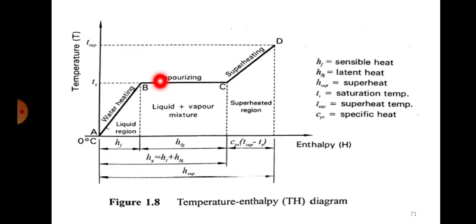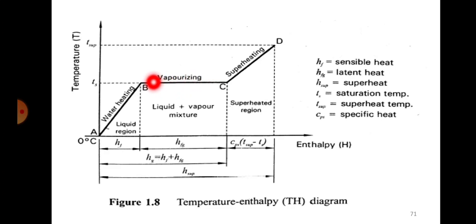So at point B we have 100% water, and at point C we have 100% vapor. In between, what we have is called wet steam between B and C. At any point between B and C, there will be a mixture of water and vapor. That's what you call wet steam.